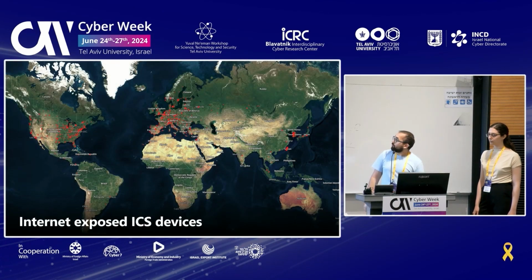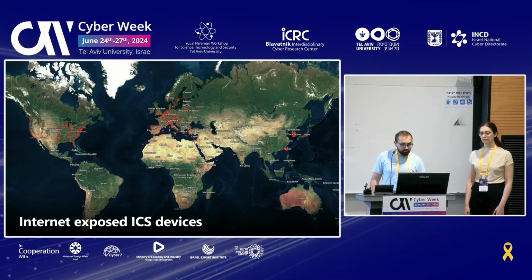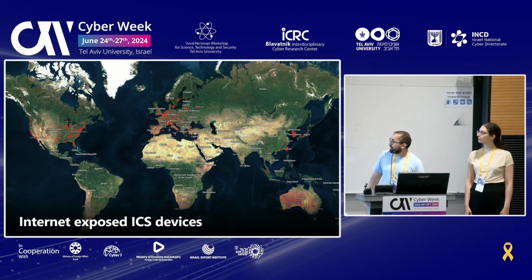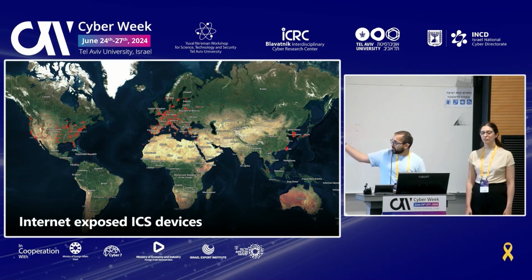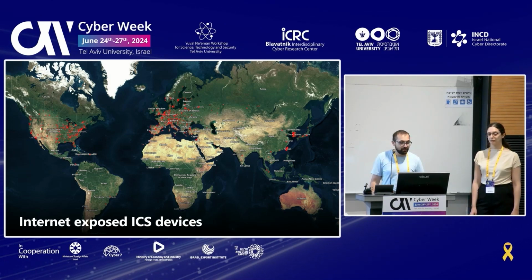Now, if we discuss internet exposed devices, this is a very common map that we know of ICS devices that are exposed to the internet. As discussed earlier in the talks about segregation, we need to make sure that they are not exposed directly to the internet because it's insecure by design.